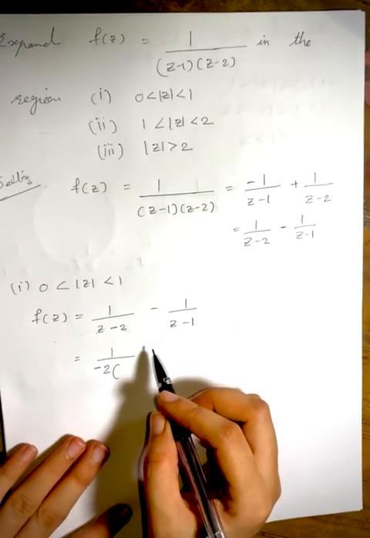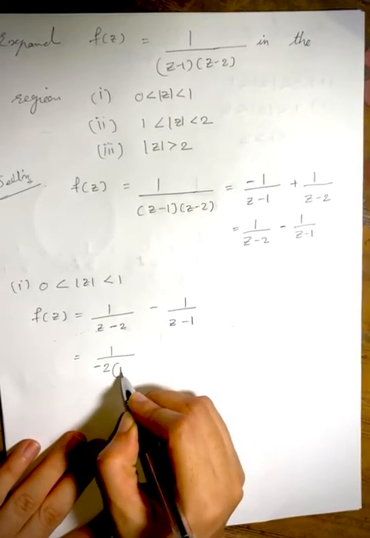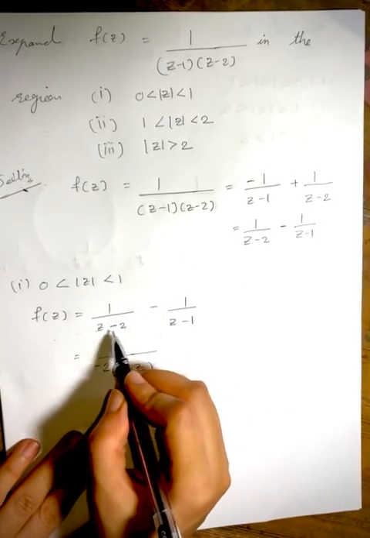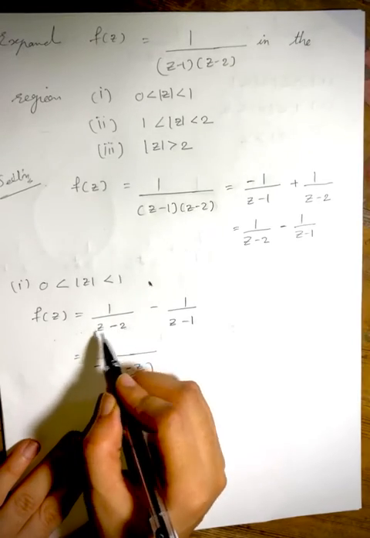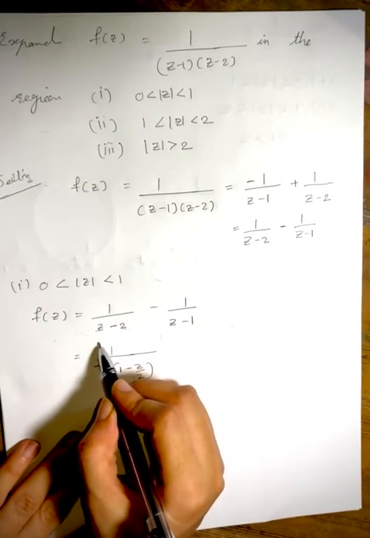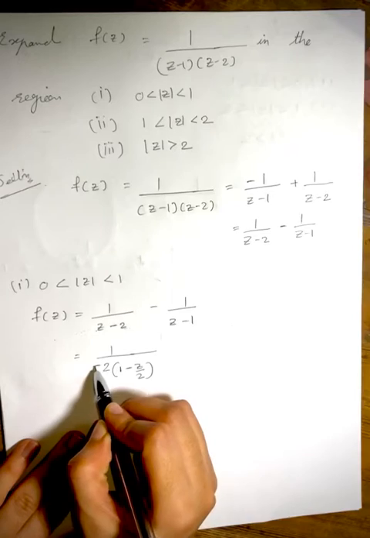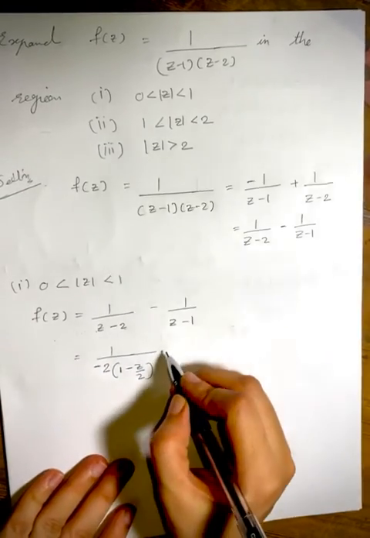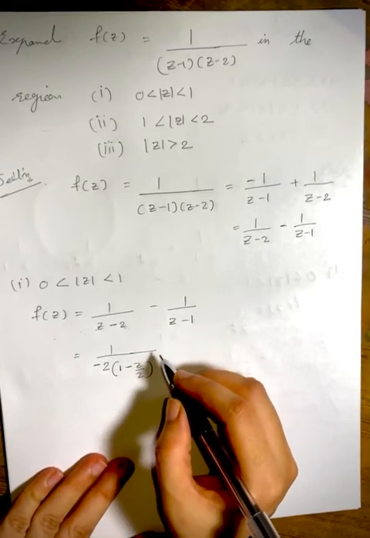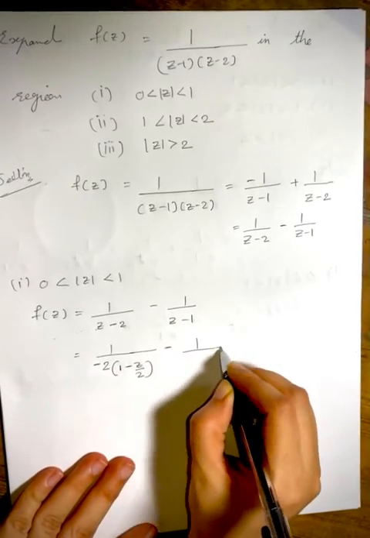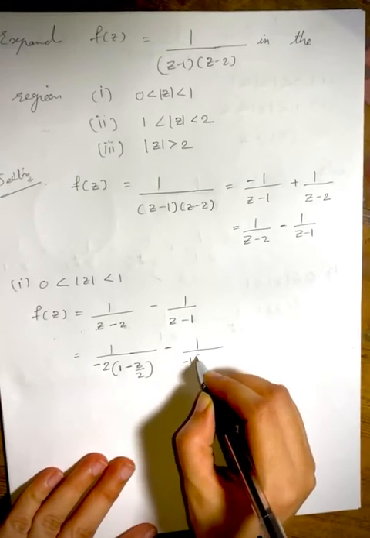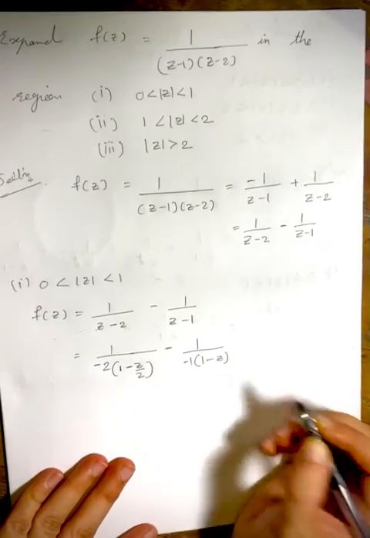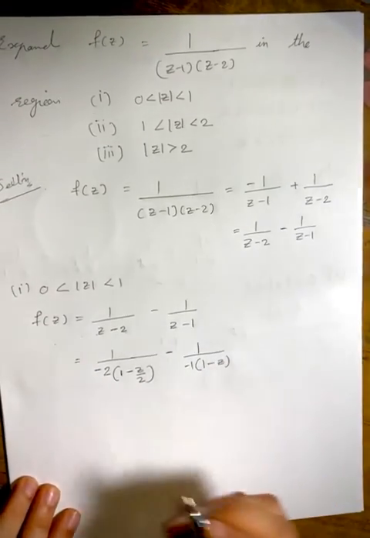So then what we are left with is 1 minus z by 2, right? Because if you just take 2 outside, then you will have z by 2 minus 1, but then it's minus 2, so you just flip the terms. And just like that, we'll take minus 1 outside, so we will have 1 minus z over 1, which is just z.